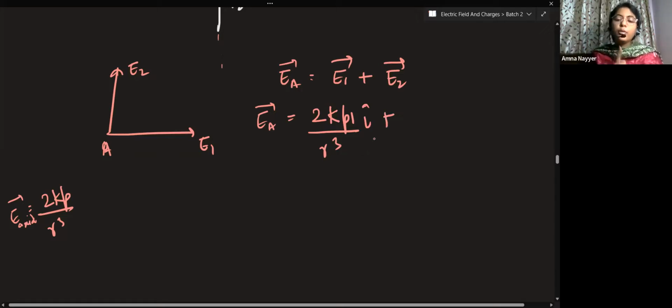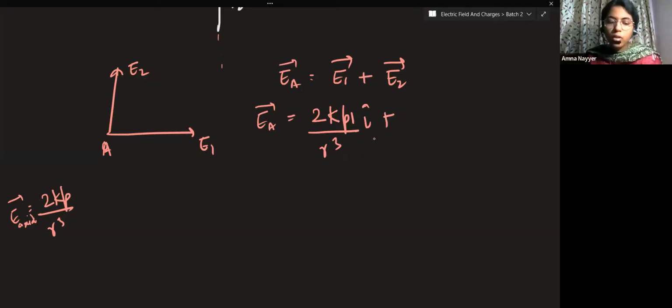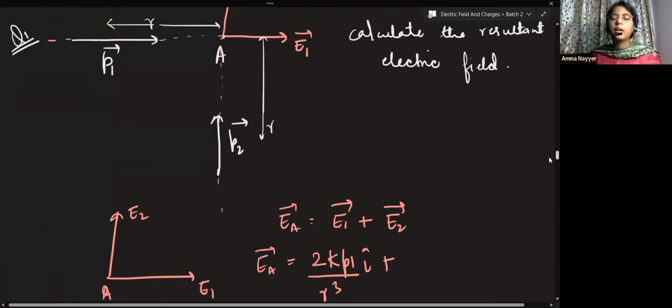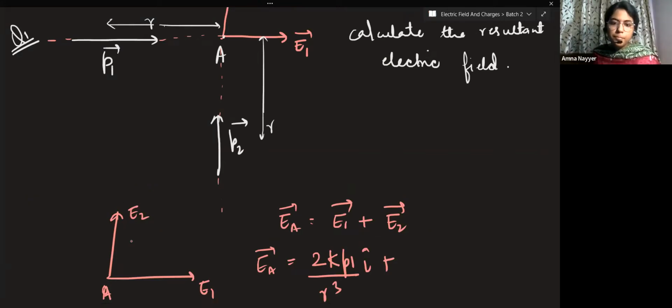All of you write in the chat box this same whole formula for E2. What will it be for E2? Z, write the whole term, the way I've written 2K, whatever P will come divided by r cube, and then your unit vector. Whole term, everybody.